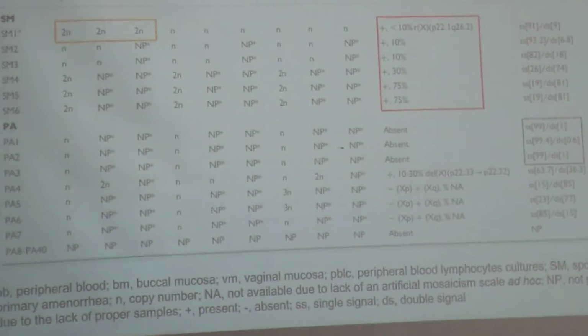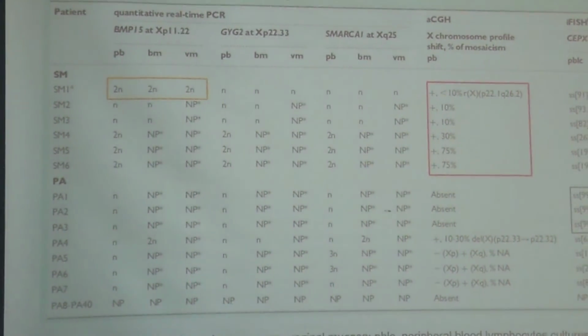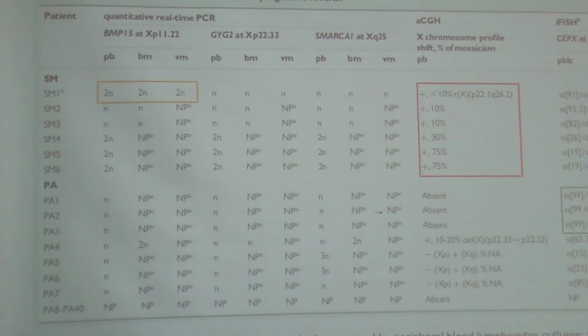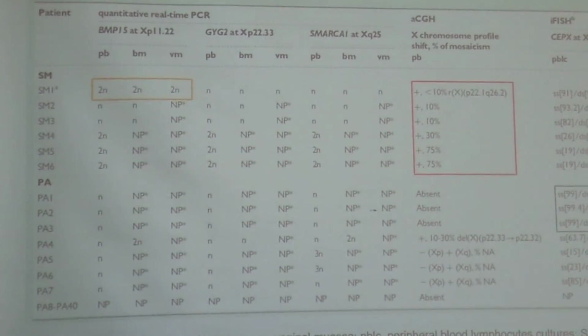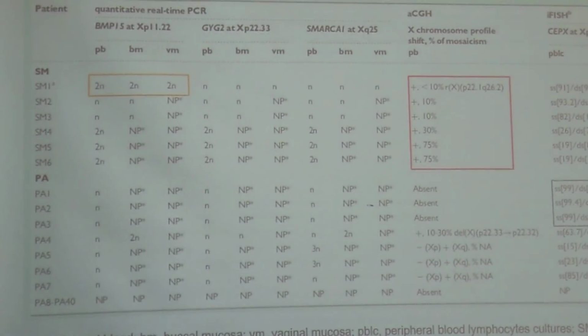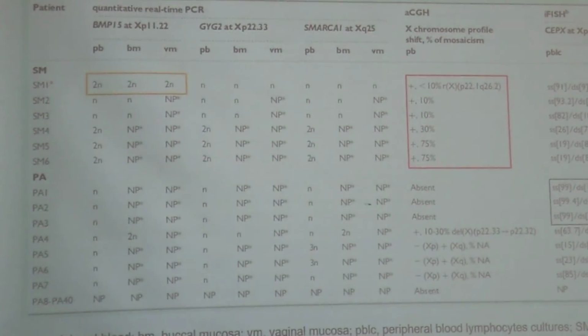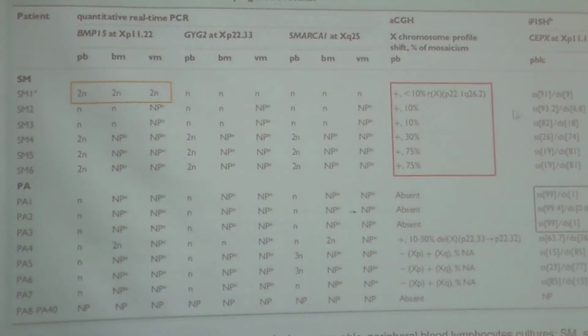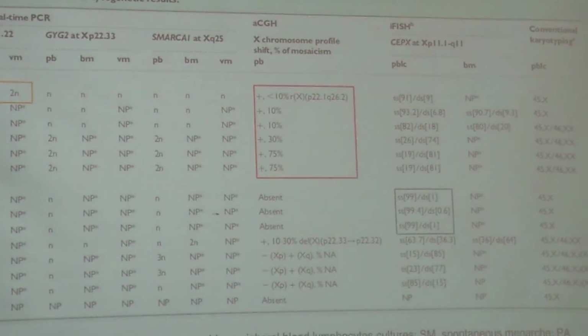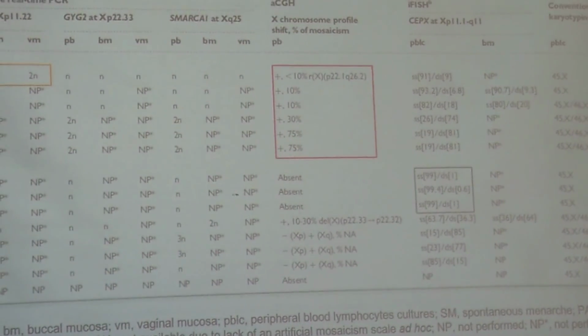Next, I just want to point out that the 2 N's for SM1 patients mean that they have a wild type sequence and there is duplication happening. So it's not that they have the second X chromosome, because according to aCGH, less than 10% of the cells have the second X chromosome.